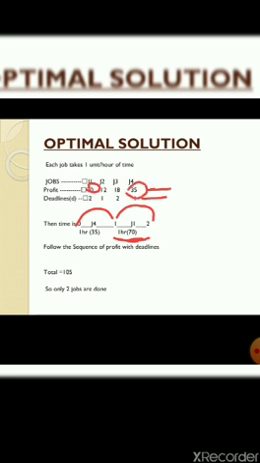So I fit it in 0 to 1 because it should be completed in 1 hour. Follow the sequence of profit with deadlines. By adding profit 1 and profit 4, we get 105. So only 2 jobs are done.